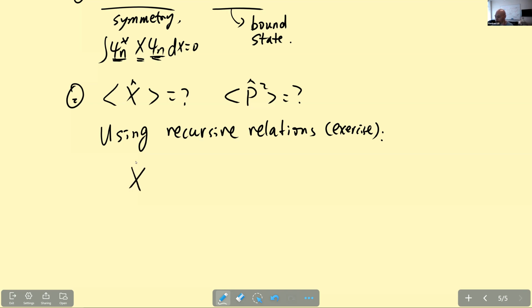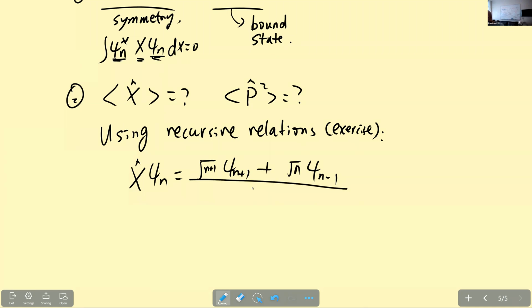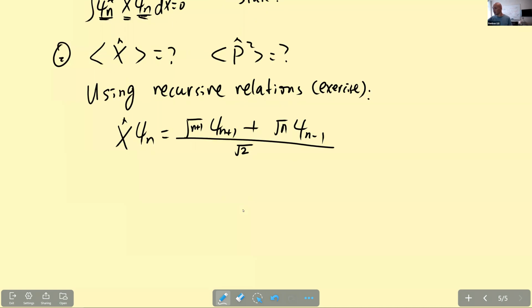So if you apply this one on the state m, actually you get the states m plus 1 and m minus 1, okay? And the coefficients will be square root of m plus 1 and square root of m, divided by square root of 2, okay? So that is the use of these recursive relations.